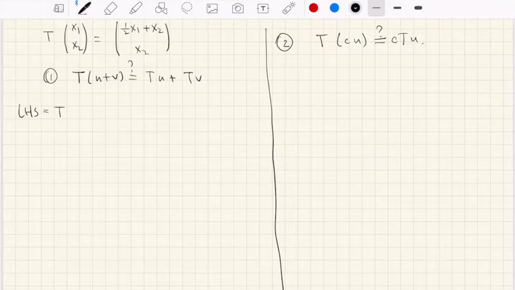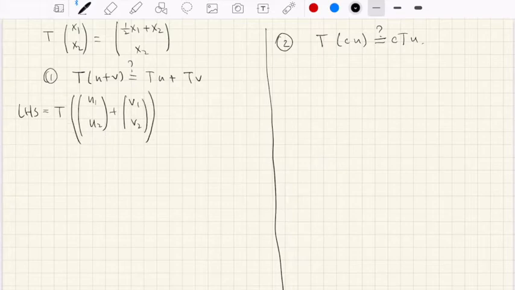That's the whole proof. So if I have U plus V, because they are two-dimensional vectors, I can write it as U1, U2 plus V1, V2. So T maps on this sum of vectors, and the sum of vectors is actually U1 plus V1, U2 plus V2 by the vector rule.